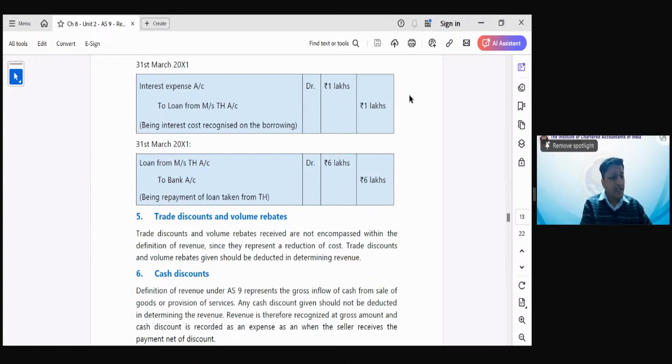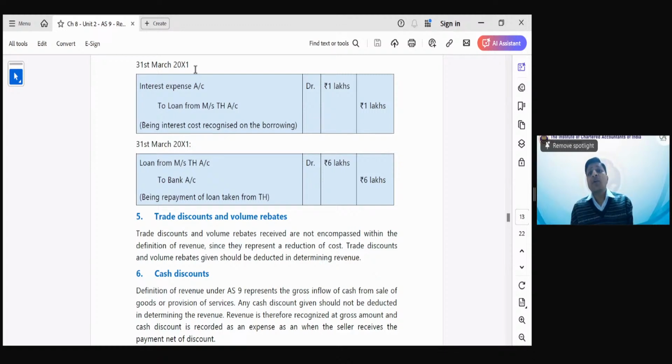Any questions, any doubts if you have? Tell me quickly. Arthik is asking, sir, so entry will be P&L to cash discount? Not P&L to cash discount.